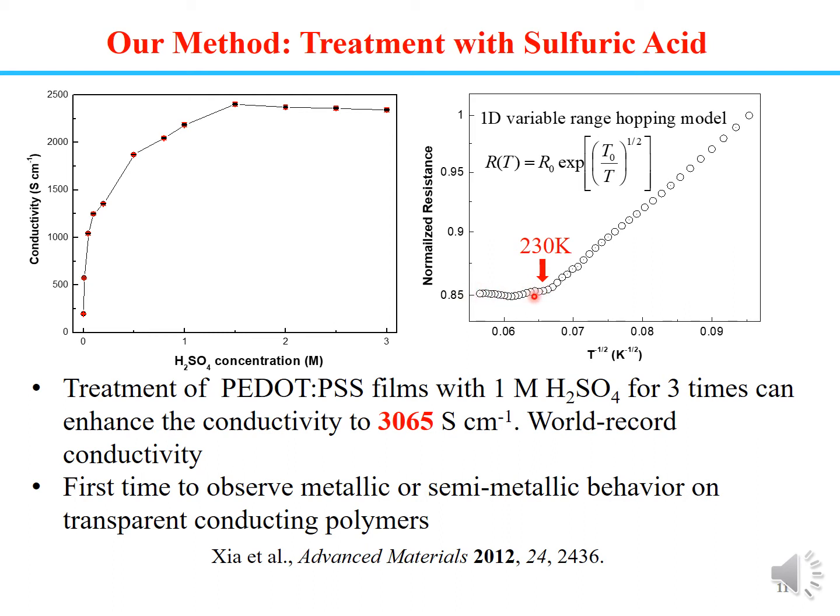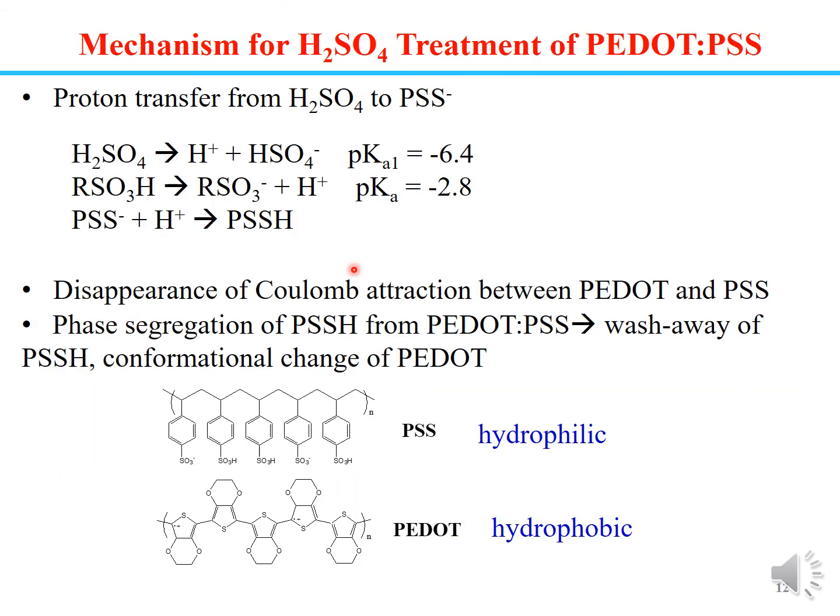So this indicates that the transport mechanism becomes metallic or semi-metallic. This is also the first time to observe metallic or semi-metallic behavior on transparent conductive polymers. We propose such a mechanism for the sulfuric acid treatment of PEDOT:PSS.